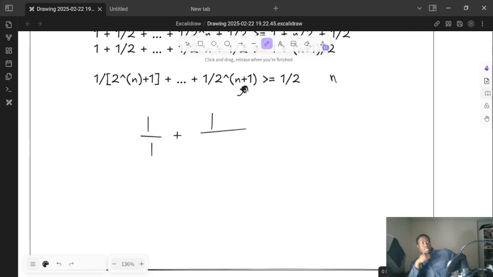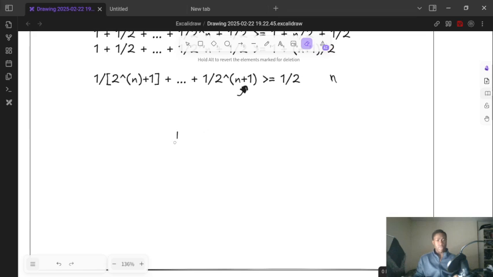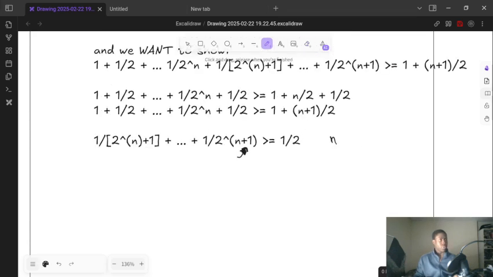No, because that's for n plus 1. Yes, it does work. Let me double check my math here. Yes, it does work. Okay, never mind, you can start at n over 1. What I did right now was weird because I started at n over 2 anyways. But you can start at n over 1, okay.